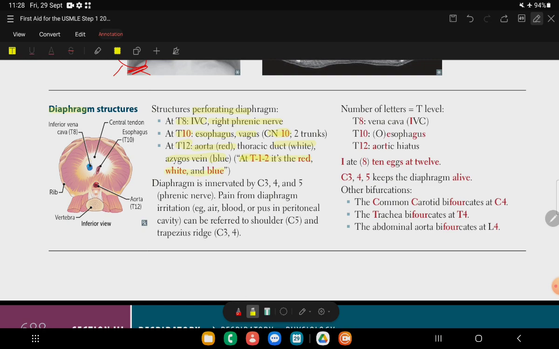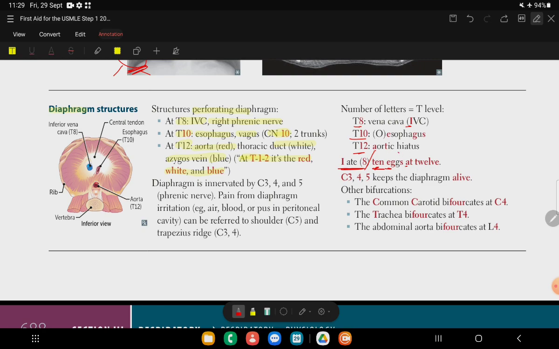A mnemonic, very famous to learn this: I 8, 10 eggs at 12. Here I stands for inferior vena cava at T8, 10 eggs stands for the esophagus at T10, and at 12, A stands for the aortic hiatus.